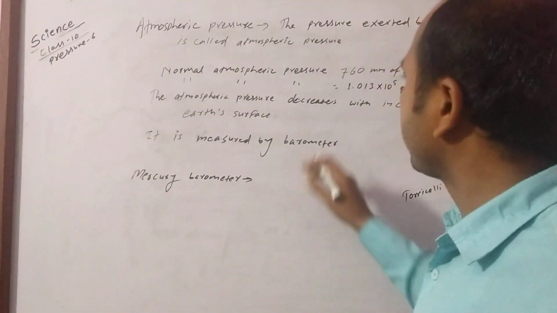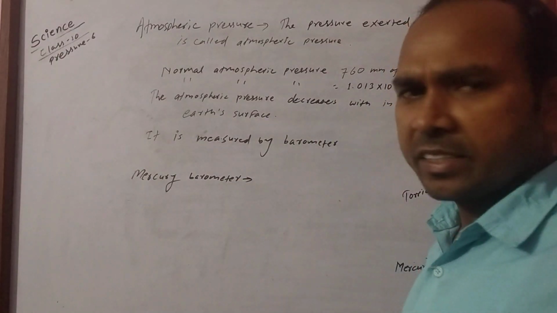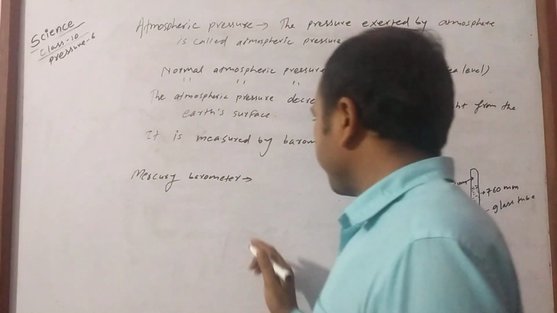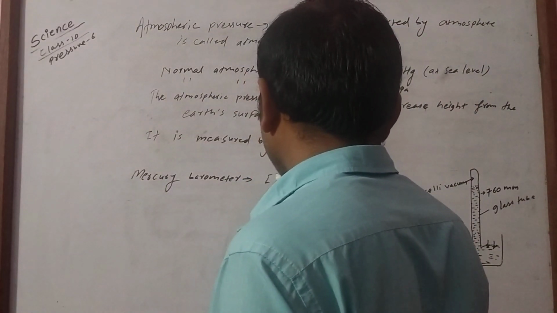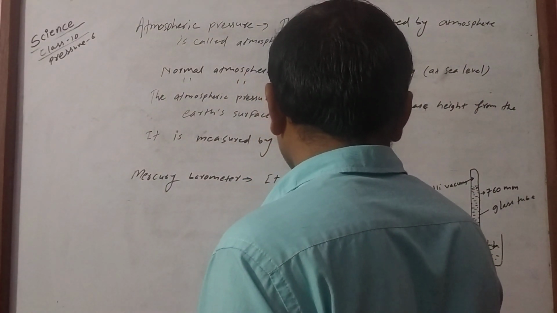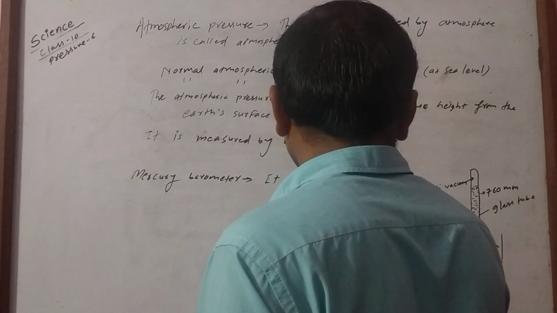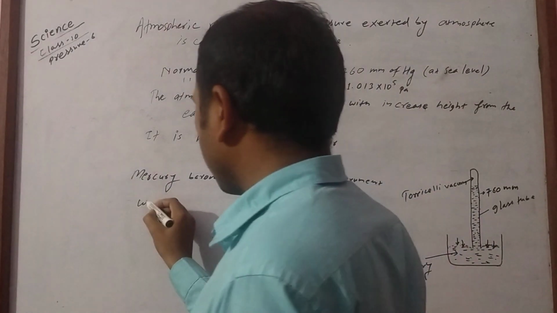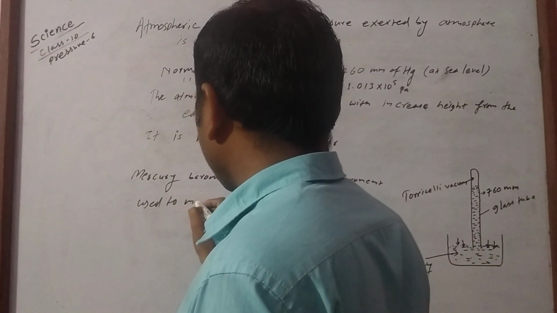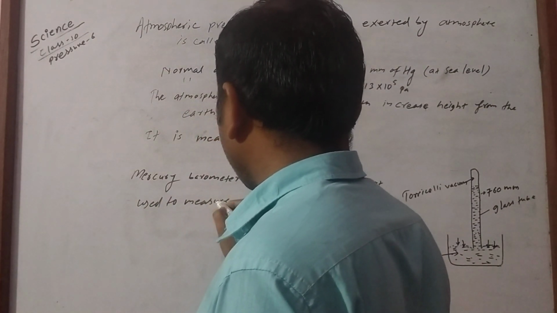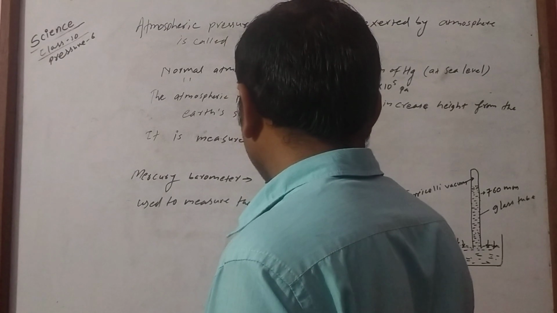Then how can we measure this value? It is easy. The mercury barometer is an instrument used to measure atmospheric pressure.